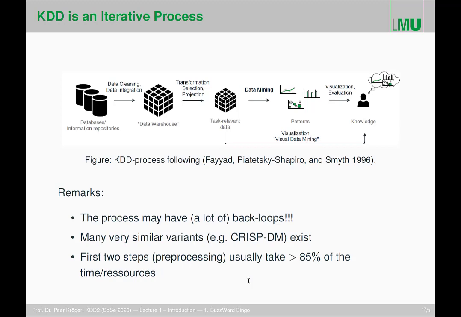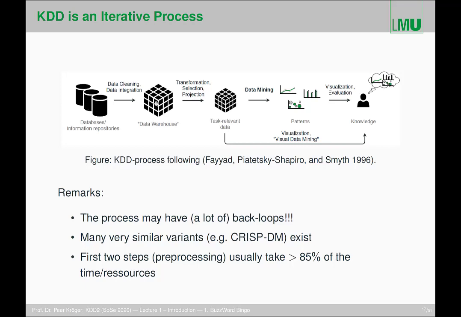So it's a process. So you already know from KDD1 that it involves a lot of steps, especially pre-processing steps, cleaning, transformation, where you, in this case, more or less, have the typical data warehouse ETL processes, extract, transform, load.